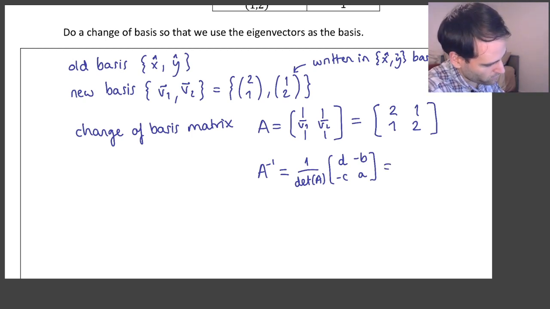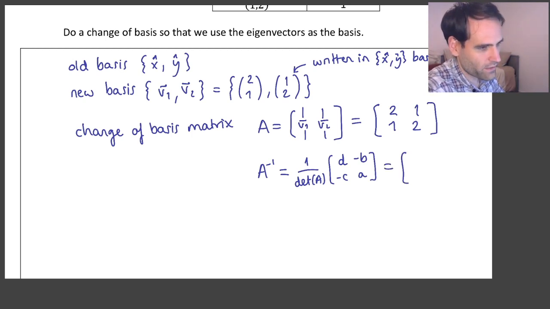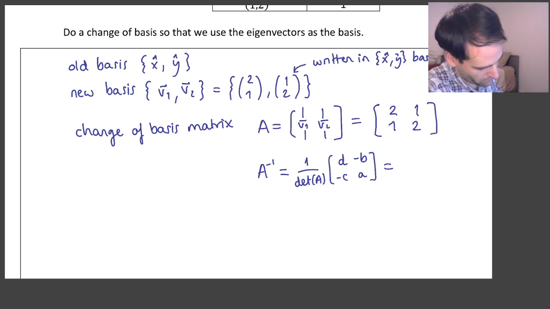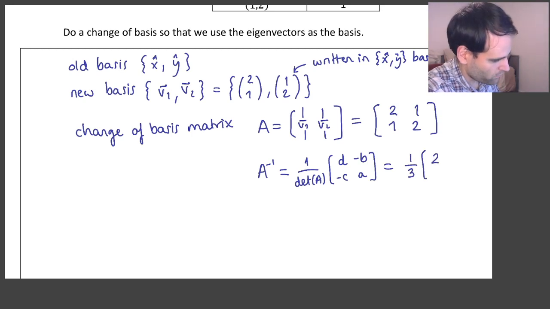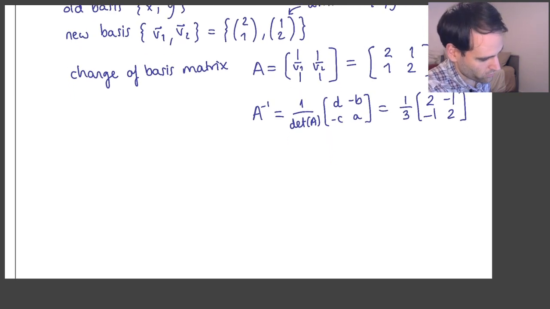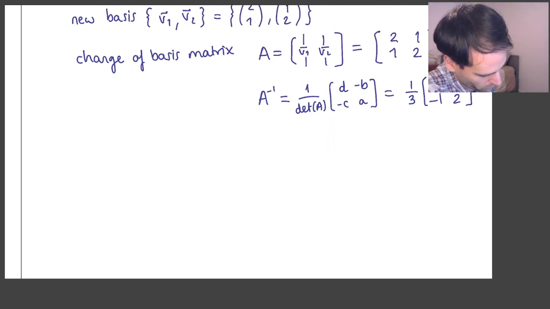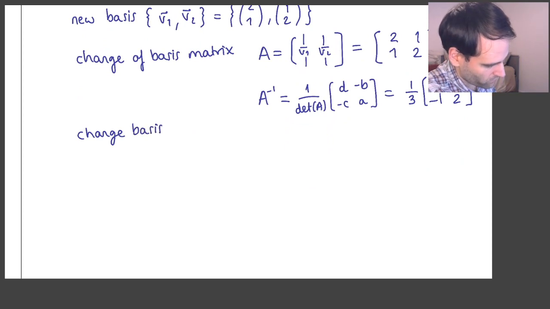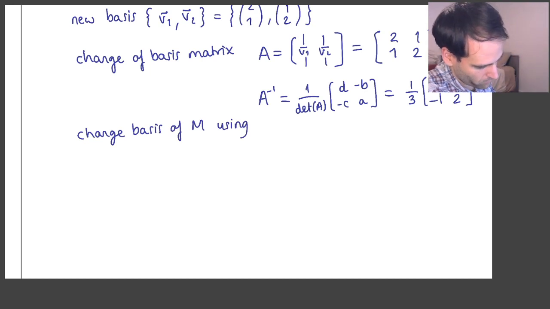And this is equal to the matrix, let me write a prefactor of 1/3 of 2, minus 1, minus 1, 2, because the determinant is 3. Okay, so this is the inverse. So now we are ready to change the basis of the matrix. So change basis of M using the similarity transformation.